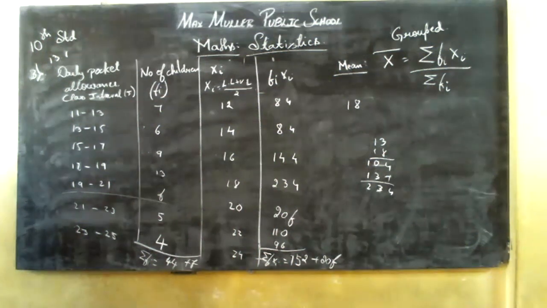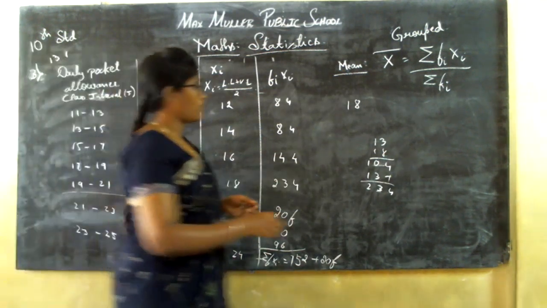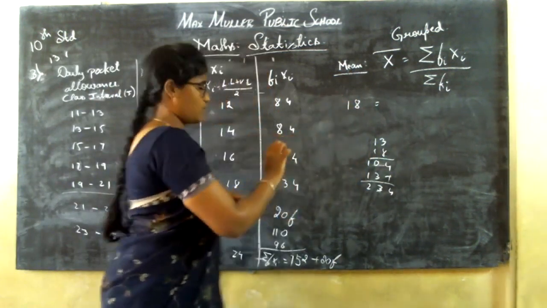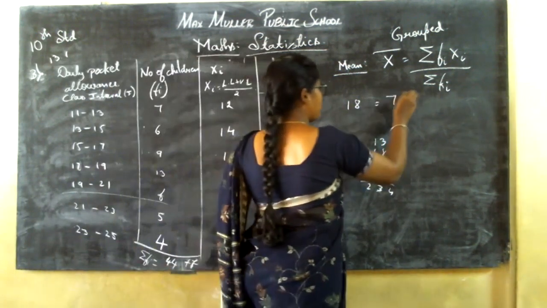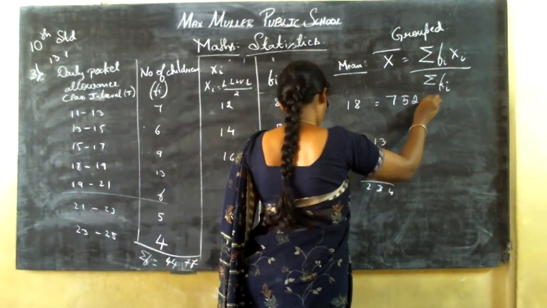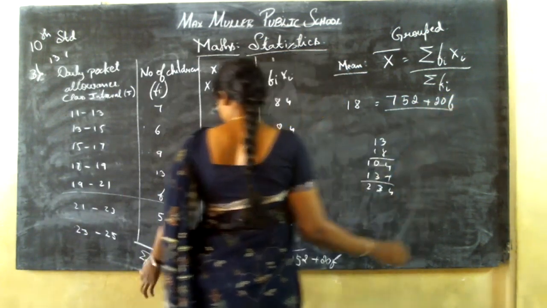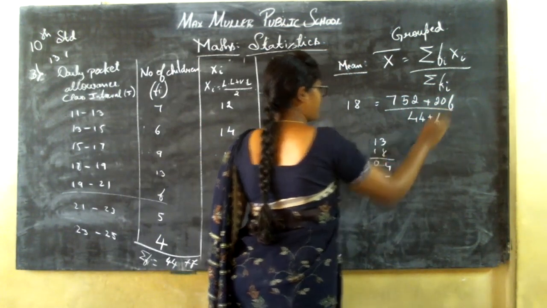Now you are going to substitute in the formula. So 18 is the mean what they have given. Yes, we have written. Next, what is the highest number you got? 752 plus 20f divided by 44 plus f.